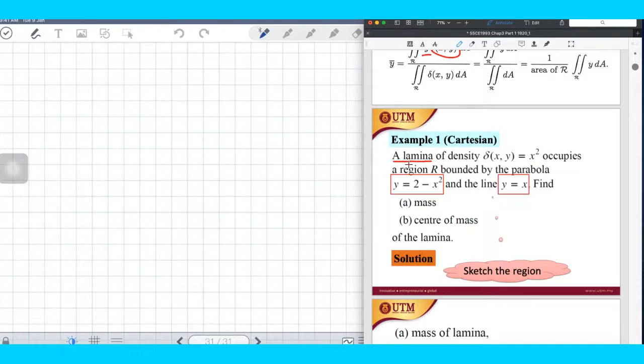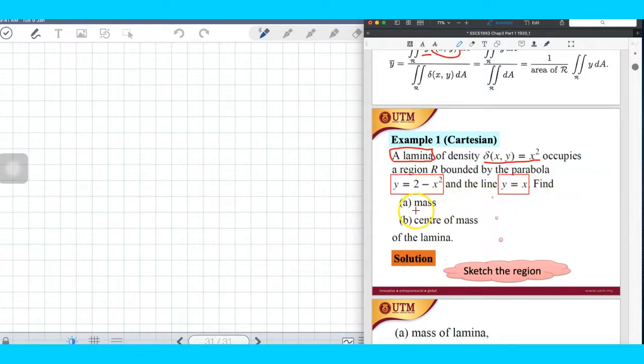Now, if there is the word lamina, it is understood that we have to use a double integral to solve this particular problem. So you are given a lamina where the density function, now this is not constant, is x squared, occupying a region R. Your region is bounded by the parabola and the line given.